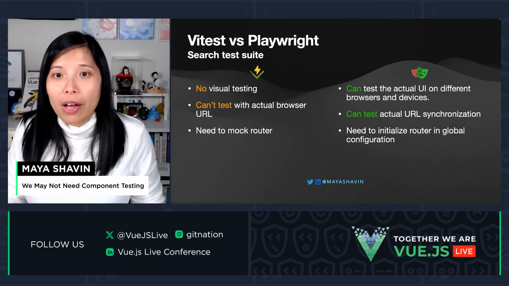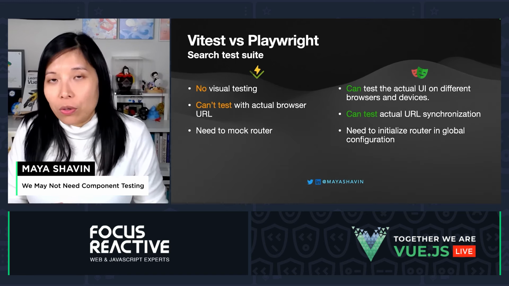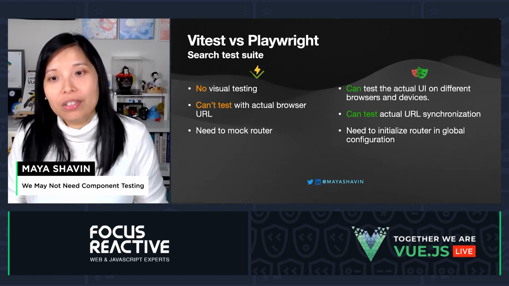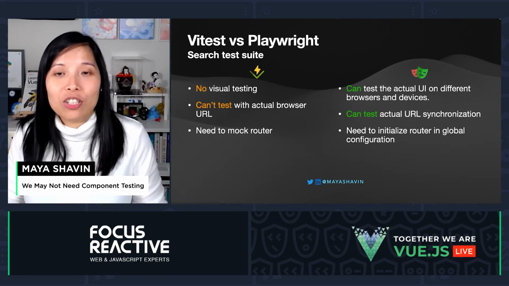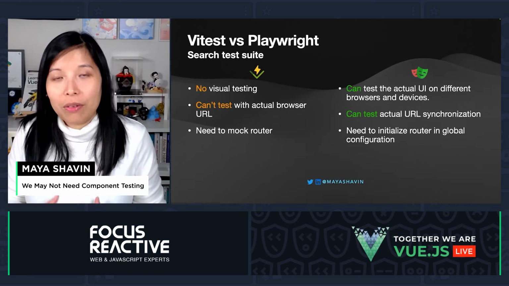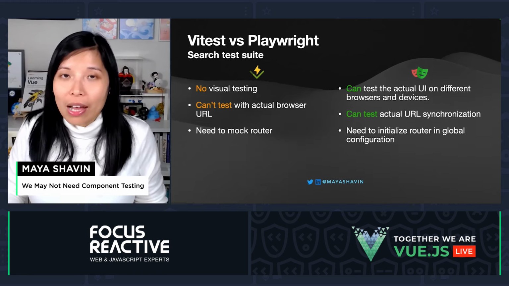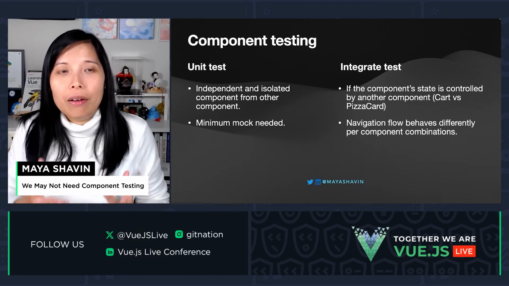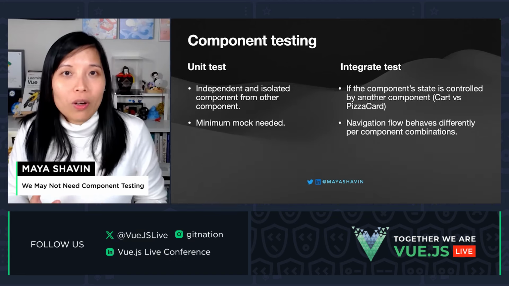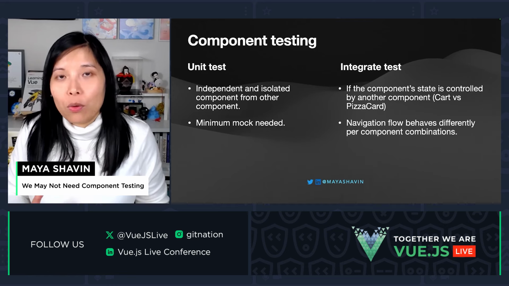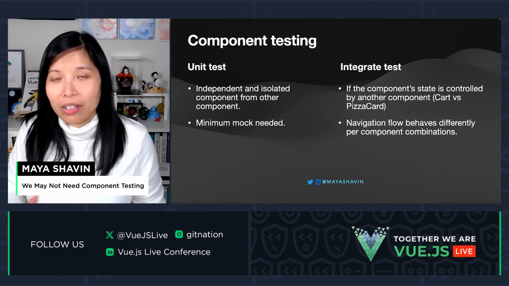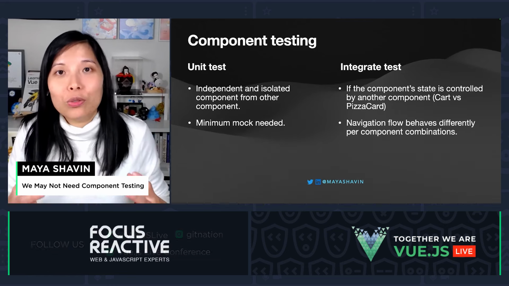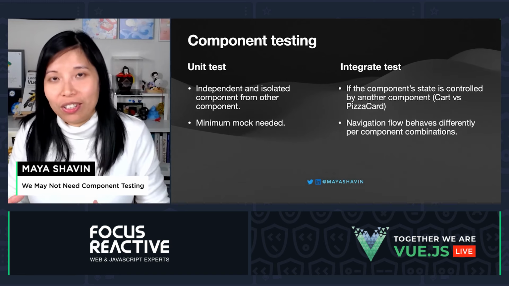Meanwhile, with Playwright, you can test the synchronization, and you only need to initialize the router in the global configuration once, which allows you to do almost everything else. So in this way, working with search component testing with Playwright makes more sense because it's actually not a unit test; it's more about an integration test.